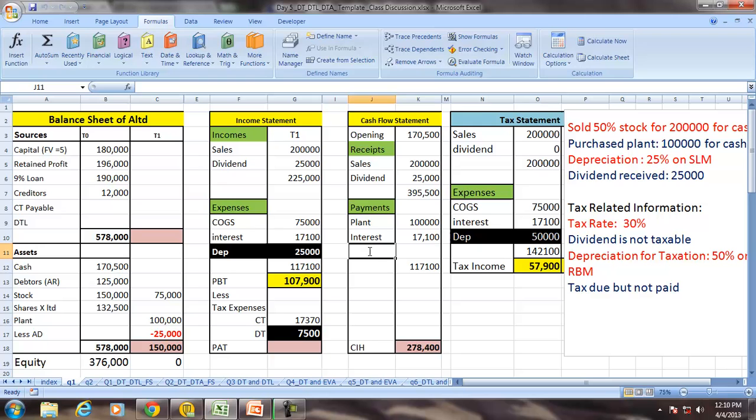The company has not paid the tax, so the CT payable will become a liability.